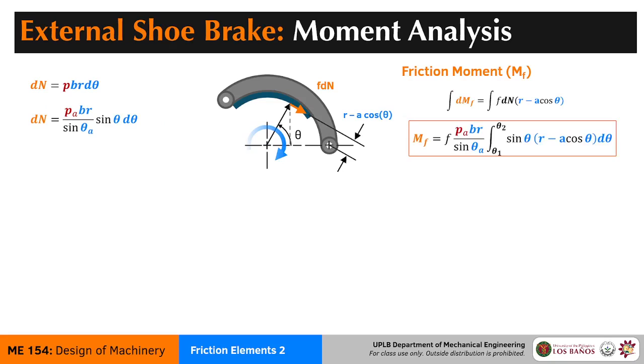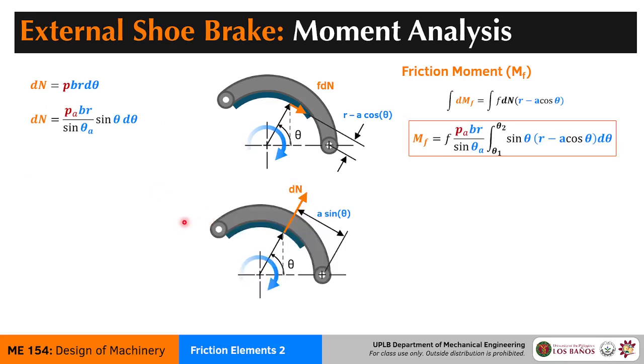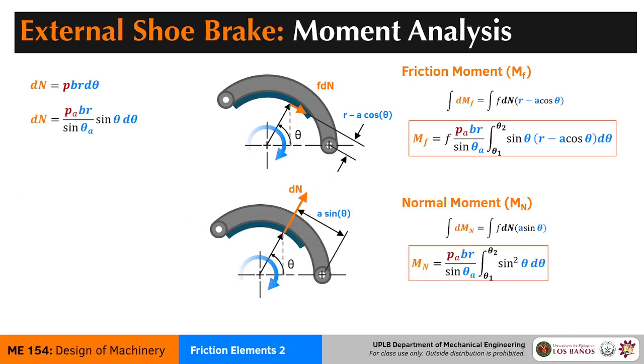Aside from that, you also have a moment from the normal force. This dN has the radial arm a sine theta. If you derive that expression, you'll get this. So these are the moments being experienced by your shoe. These are all being exerted by the drum.